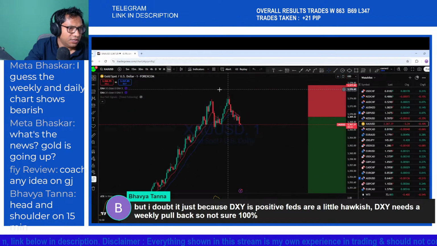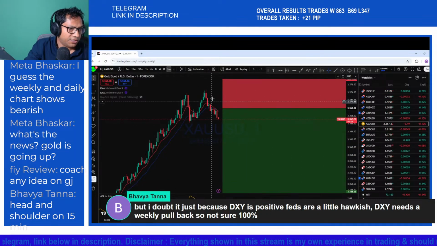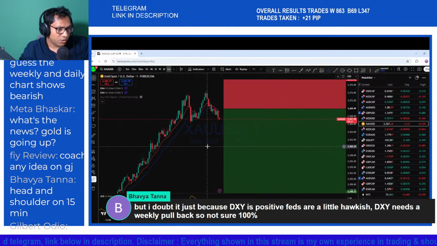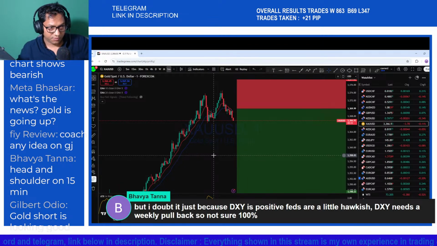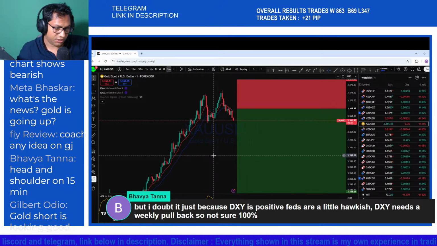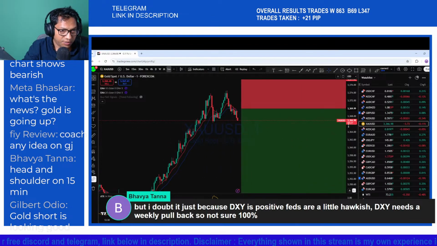Here we can see there is a head and shoulder formation, and expecting it to melt back below so we can cover the previous trade. We had the first trade winner, second trade was loser, third trade would like to see that coming as a winner here.